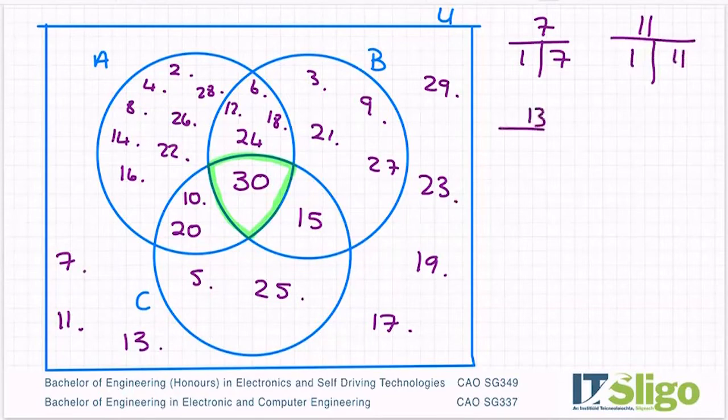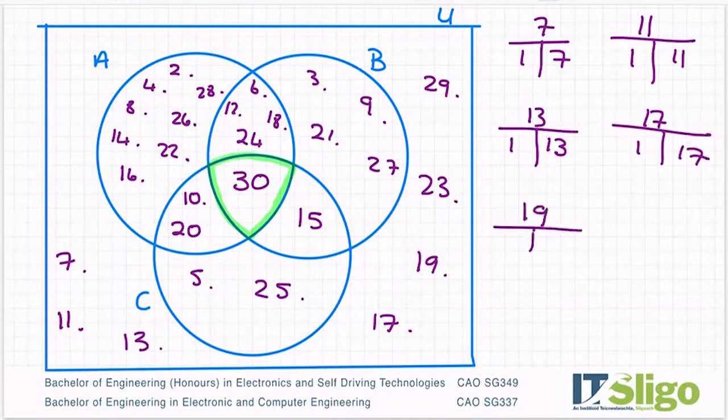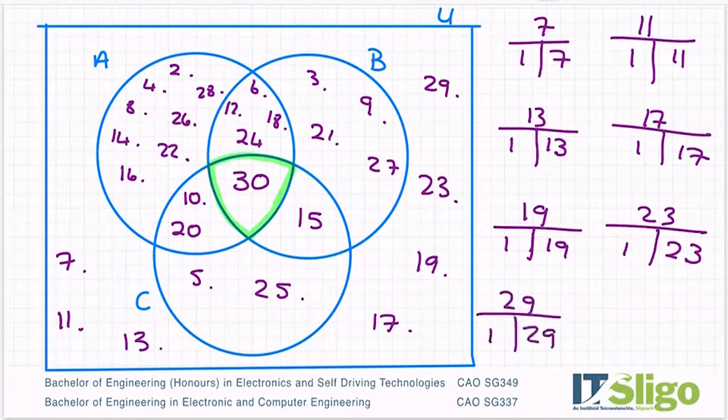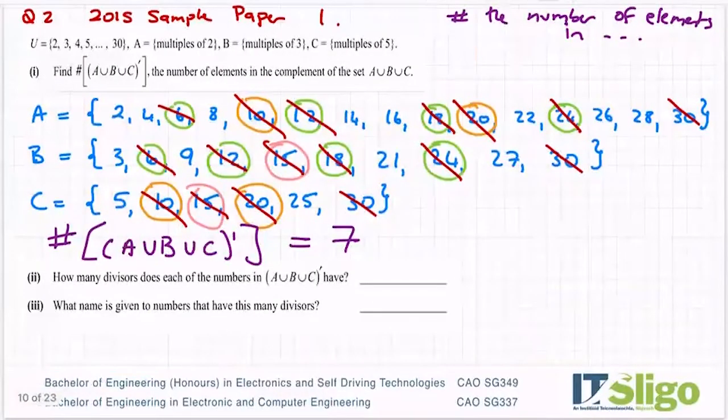There are no other ones. 13, 1 by 13. 17, 1 by 17. I think you're starting to see a pattern at this stage. 19, 1 by 19, 23, 1 by 23, and of course 29, 1 by 29. So these have two factors, two divisors.